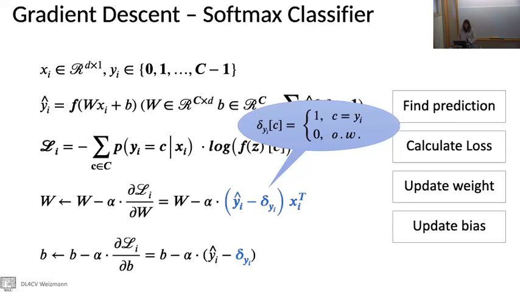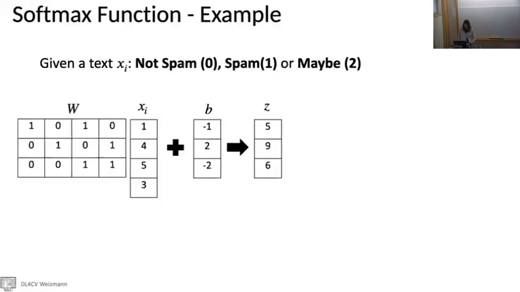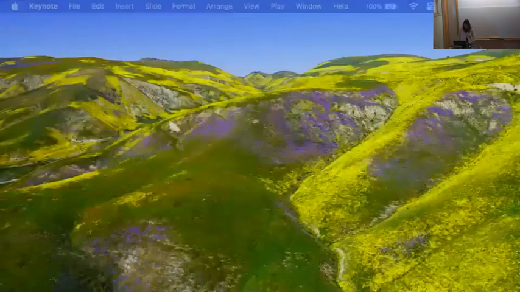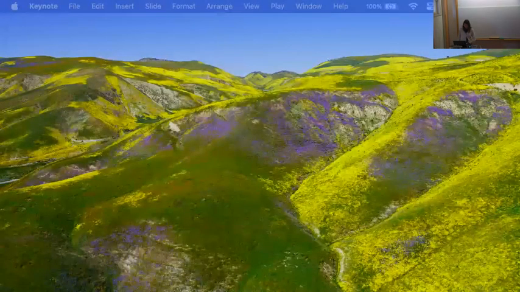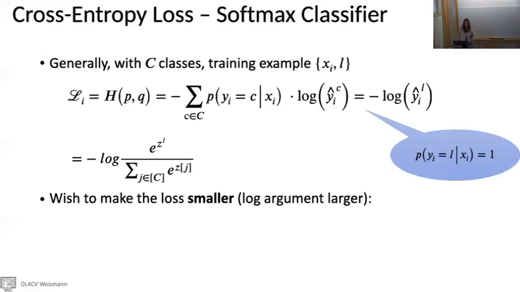No, but we saw it before, right? We saw that there are two ways in order to, wait, it's not here, where was it? Here. If you look at it like this, this is the prediction, right?